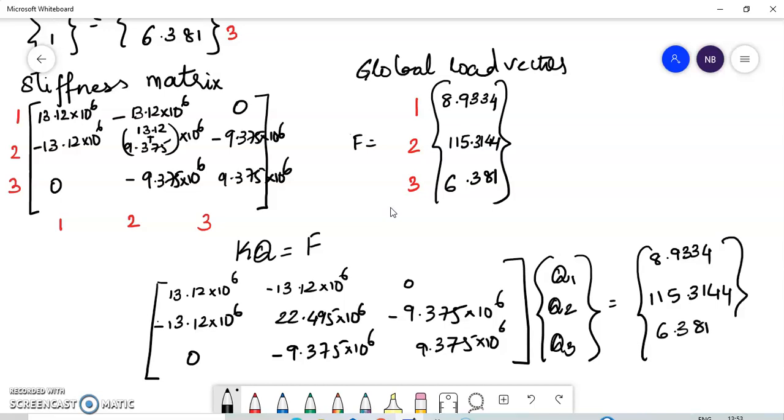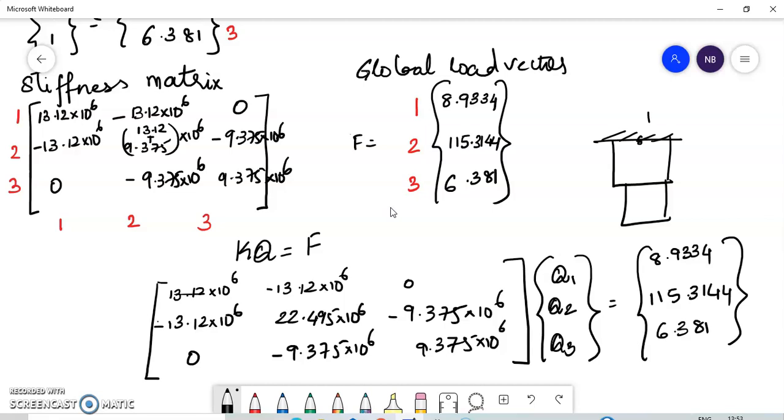Now in the elimination approach, what we do is we eliminate the row and column which has no displacement. So in the problem that we are given here, we see that node 1 is fixed, so it will have no displacement. So the rows and columns corresponding to node 1 have to be eliminated.